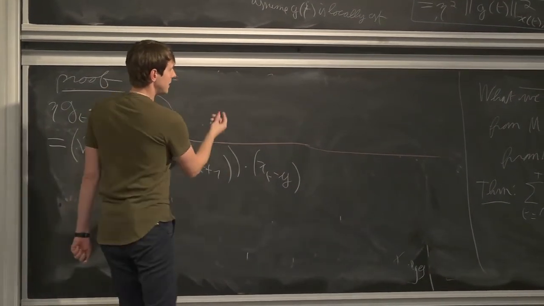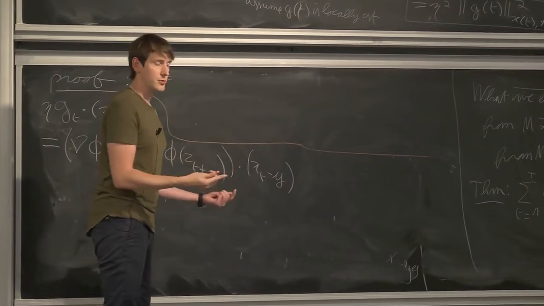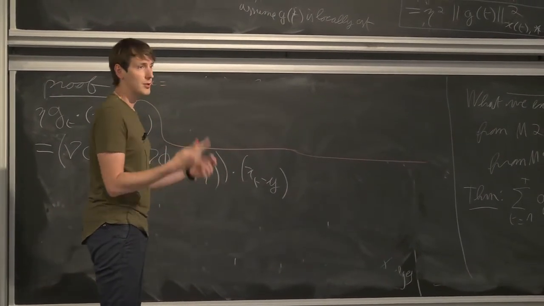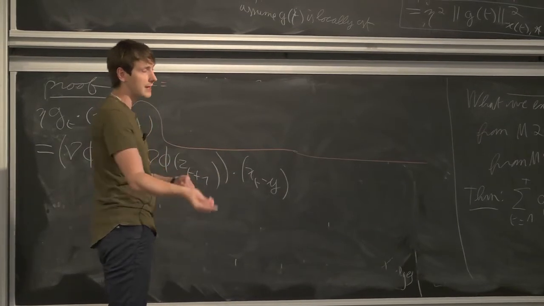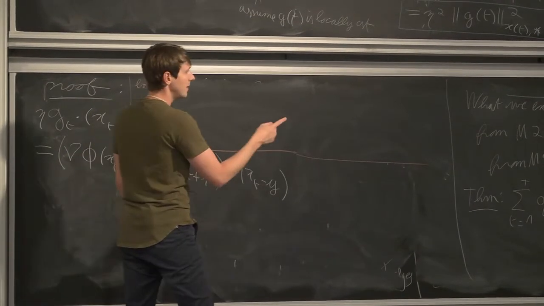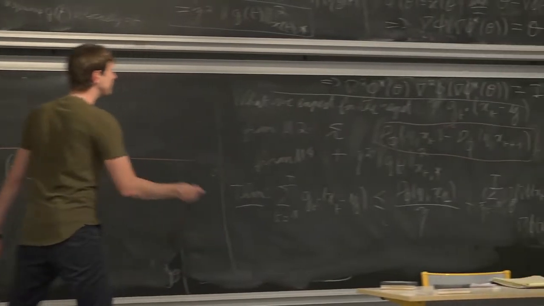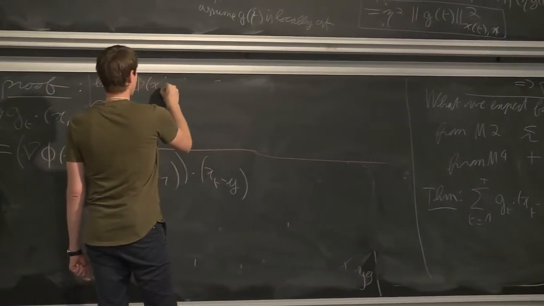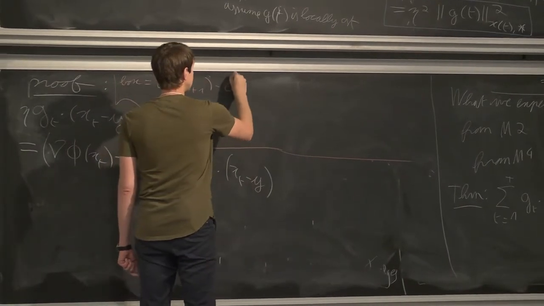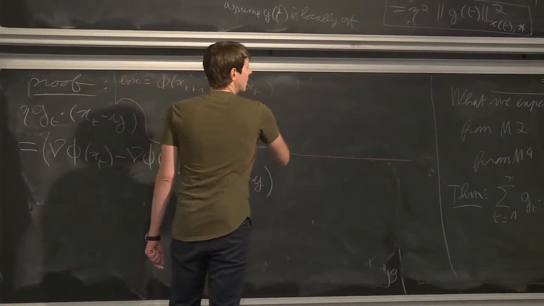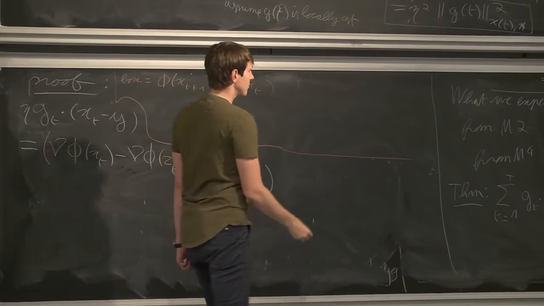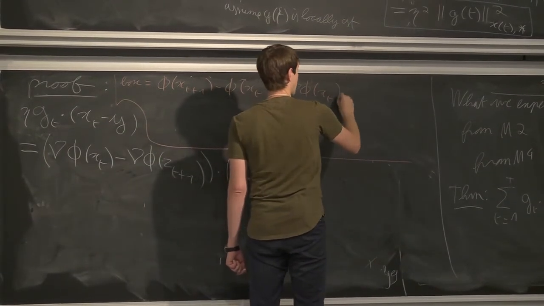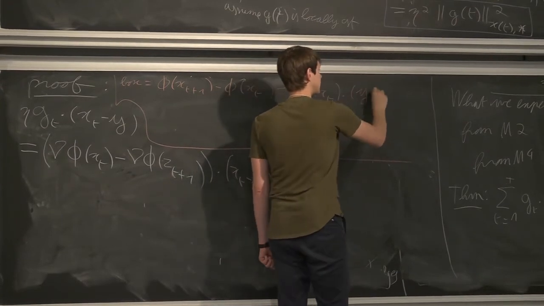Remember the Bregman divergence between y and x is phi of y minus phi of x minus grad phi of x inner product with y minus x. So you see the phi of y's cancel. I get phi of x_{t+1} minus phi of x_t. What do I get for the first order term? I get minus grad phi of x_t inner product with y minus x_t.